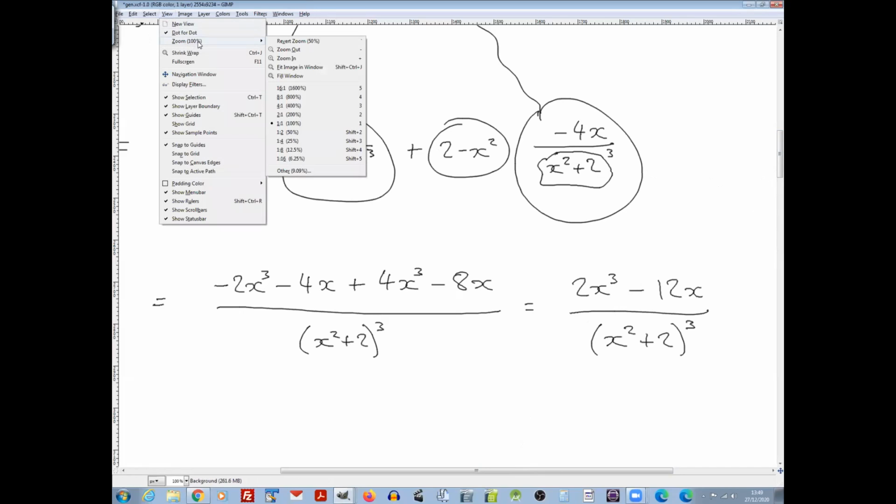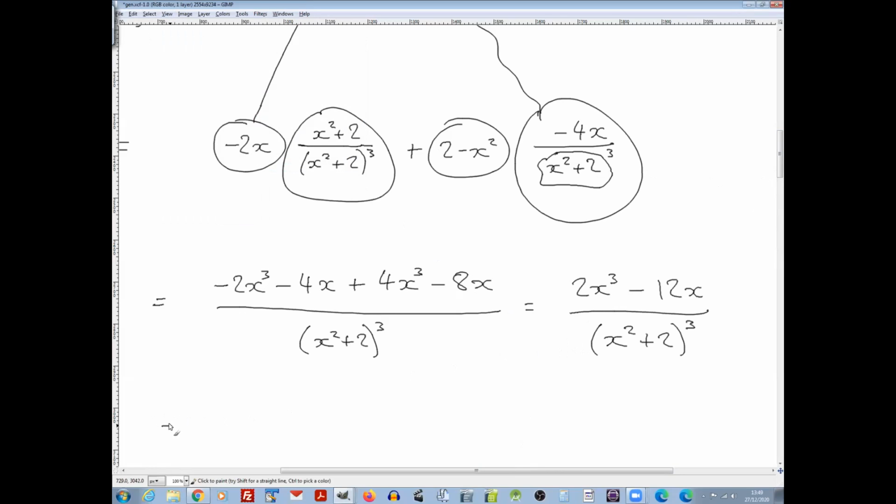But that'll do. What next in the larger scheme? Set it equal to 0. Yes, good, because we're looking for the points where the rate equals 0. So we could say 2x cubed minus 12x equals 0. It's important to see that. What would you do next?